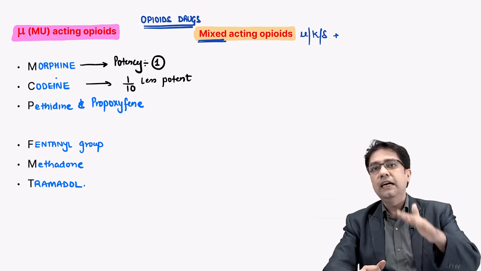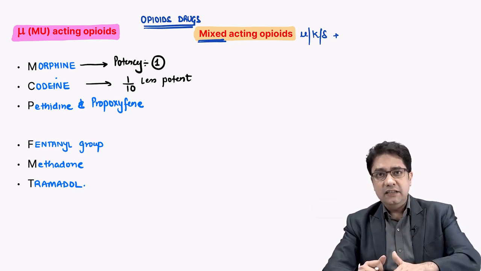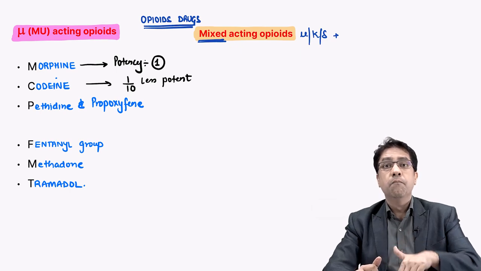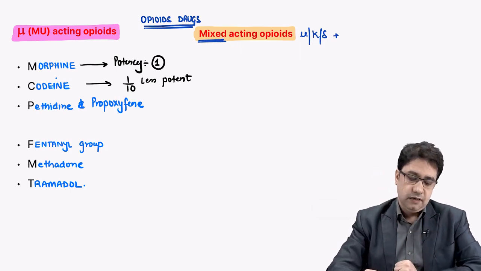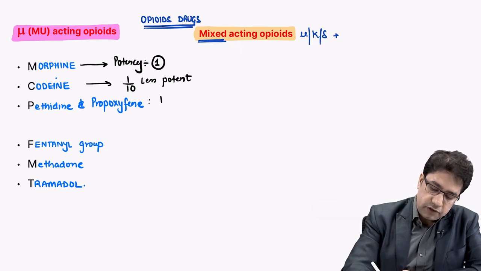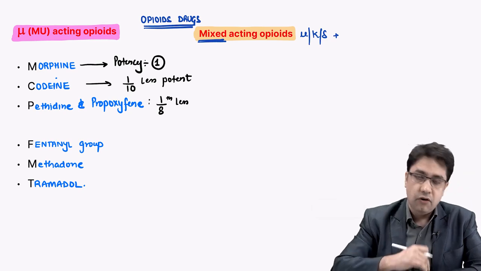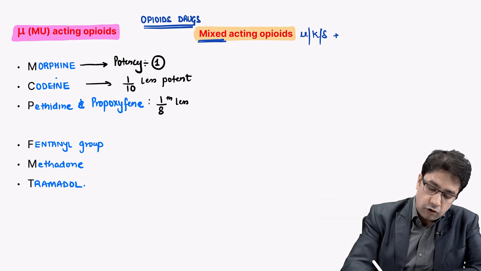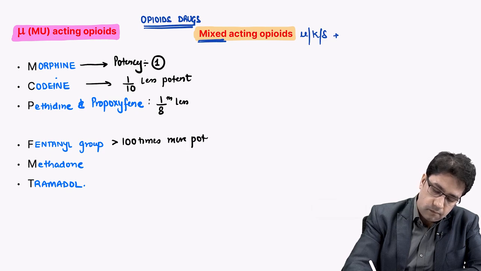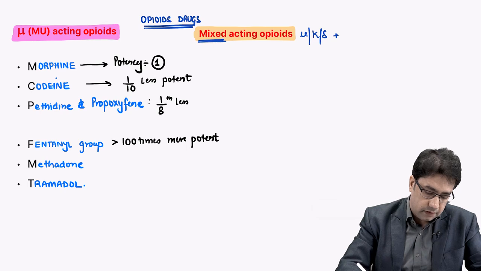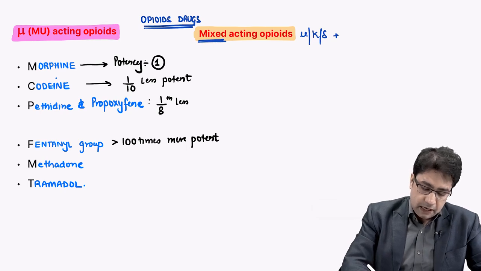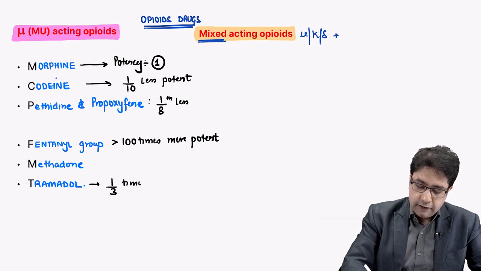Less potent means less powerful, that is why we have to give 10 times more dose of codeine. Then pethidine and propoxyphene are 1/8 times less potent than morphine. The fentanyl group is more than 100 times more potent than morphine. Similarly, tramadol and tapentadol are 1/3 times less potent than morphine.